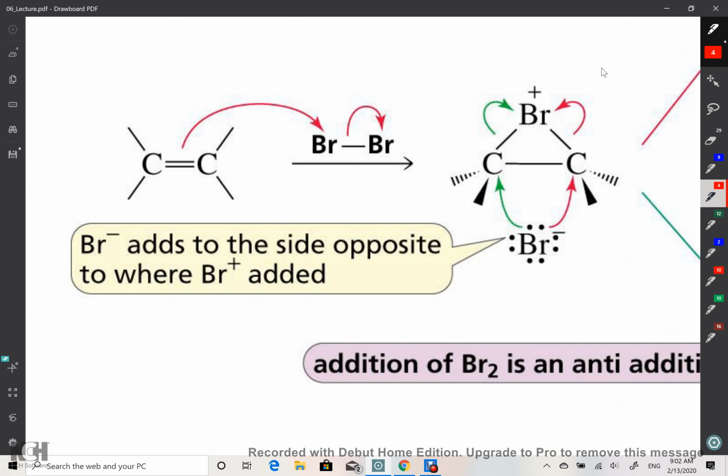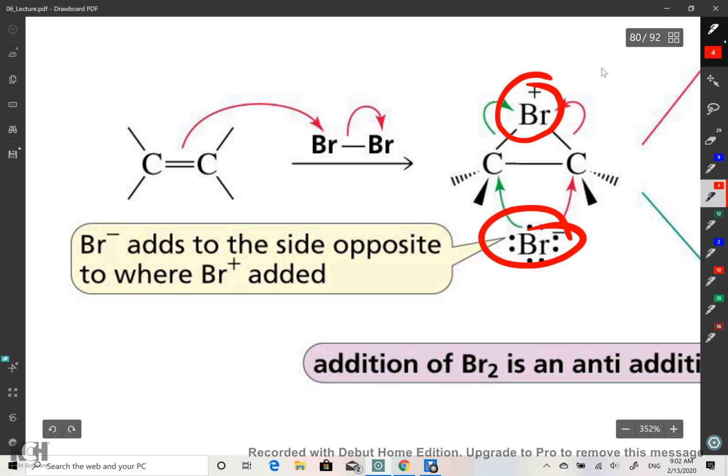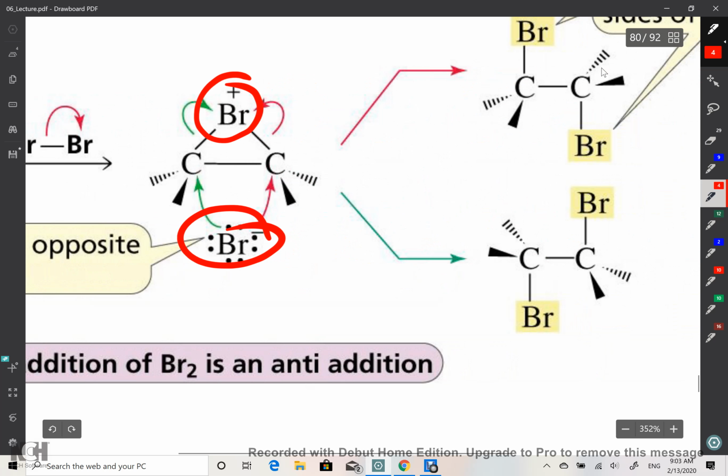And so when you have that triangle, the first bromine already occupies the top position. And so the second bromine can only attack from below because the top position is already occupied. Does that make sense? And so the second can only come from below, and that's why they end up being added on opposite sides.